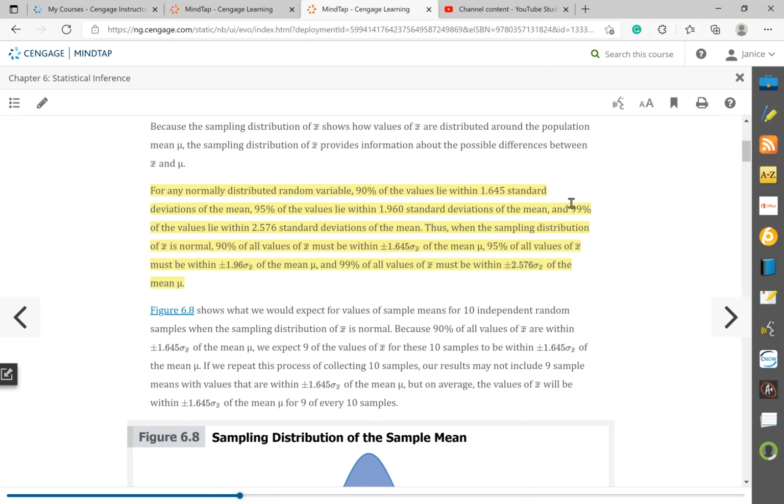And for 99% of the values, they're 2.576 standard deviations from the mean and have a z of 2.576. So this is a very powerful paragraph.